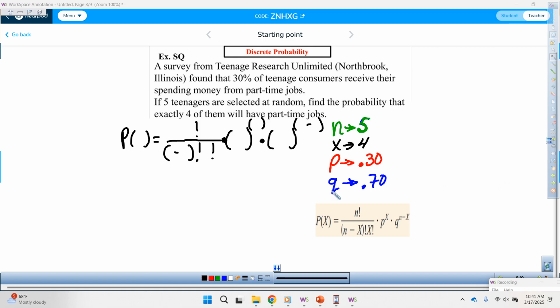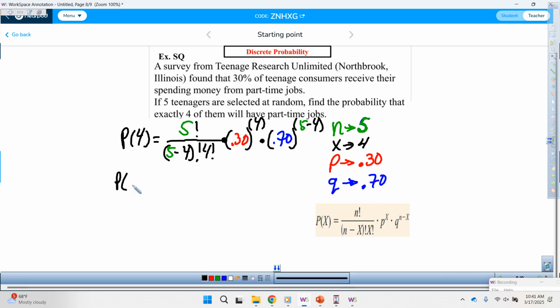Amelia, help us set this up. What's X? 4. So all the X's are 4, 4, 4, 4, and 4. N is 5, 5, 5. P is 0.30, and Q is 0.70.